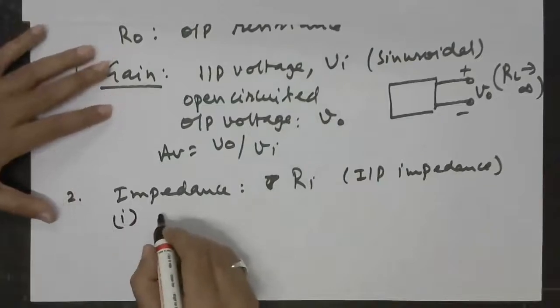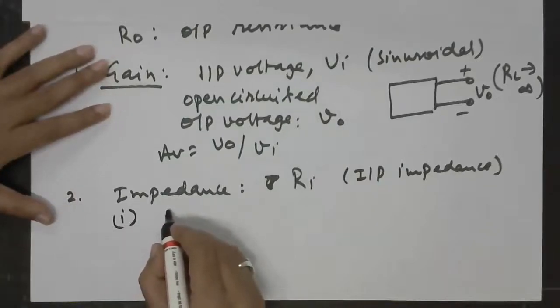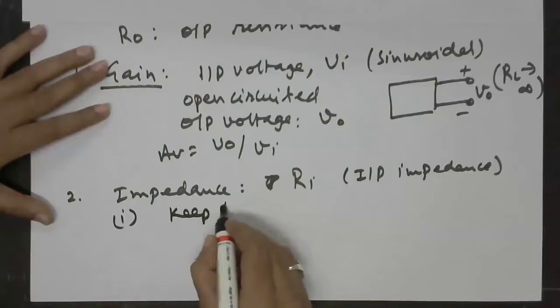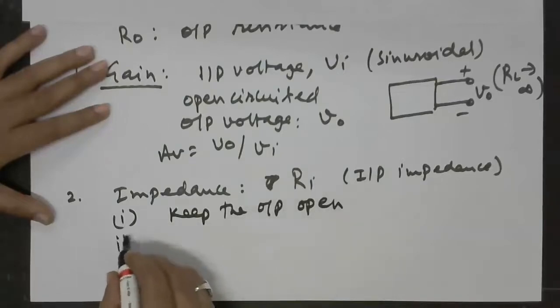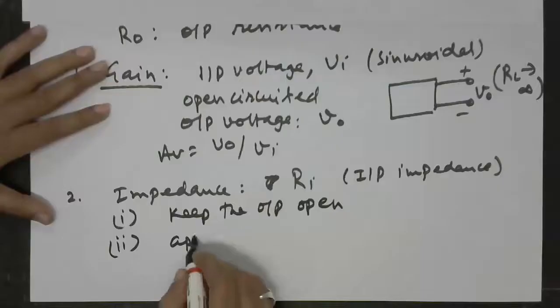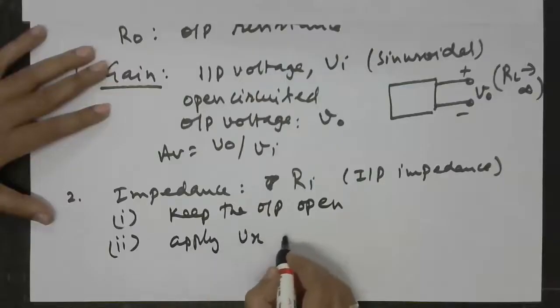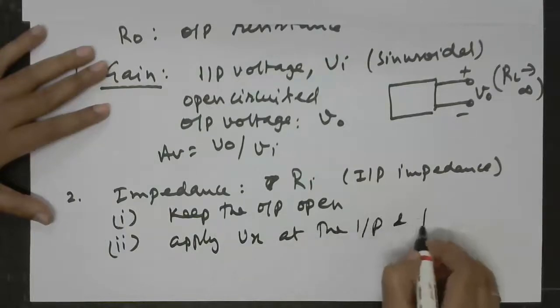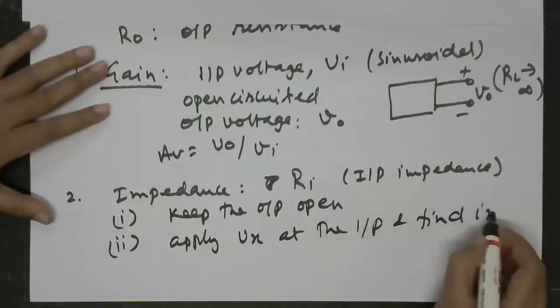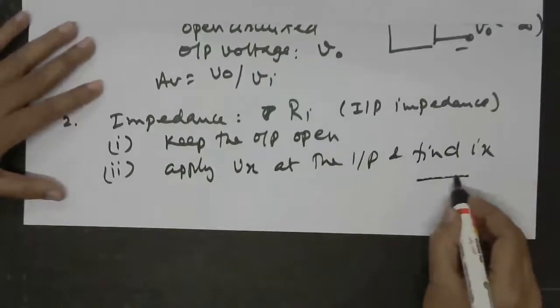So here what we have to do is keep the output open and then apply Vx at the input and find Ix. That means you basically set up this circuit.